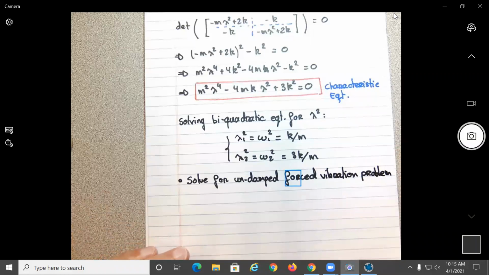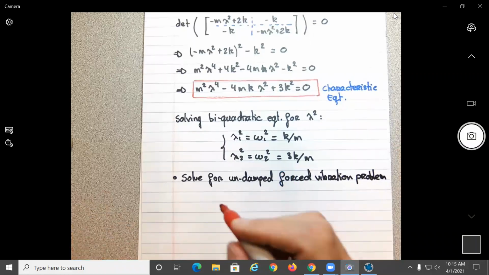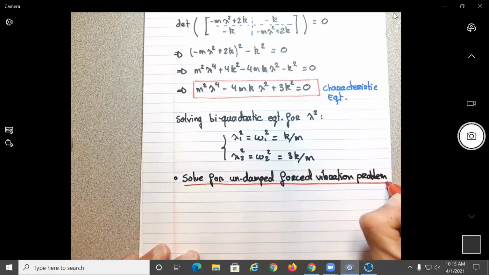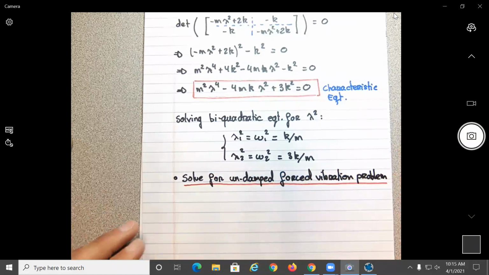This is what we did at the end of last class. But again, it's the same procedure. The only difference is that this time, instead of assuming the solution in function of the natural frequency or lambda, we're going to assume it in function of the force frequency.